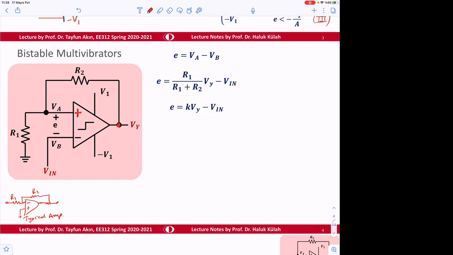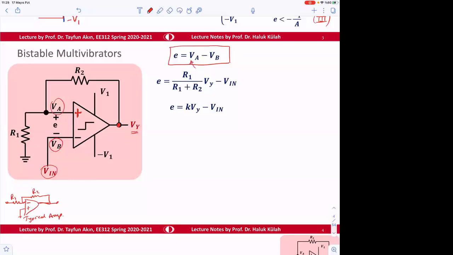So what happens here? Let's look at it. The typical equations are these. E is, again, equal to A times (VA minus VB). Here VB is connected to Vin, but VA is generated out of VY. The feedback signal is taken from VY, and then VA is generated.